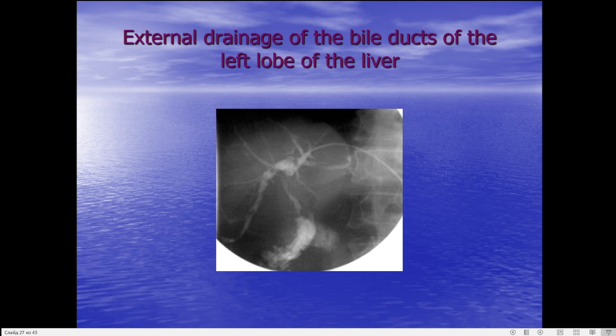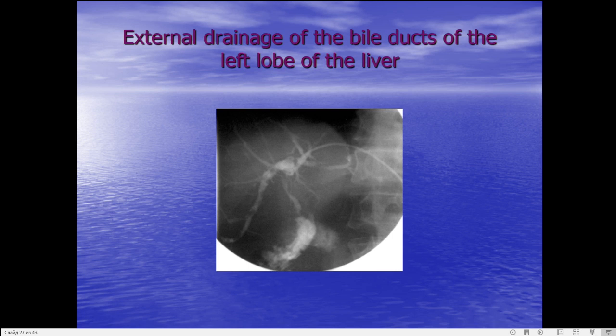External drain of the bile ducts of the left lobe of the liver. As I said, external transcutaneous drainage of the intrahepatic ducts.